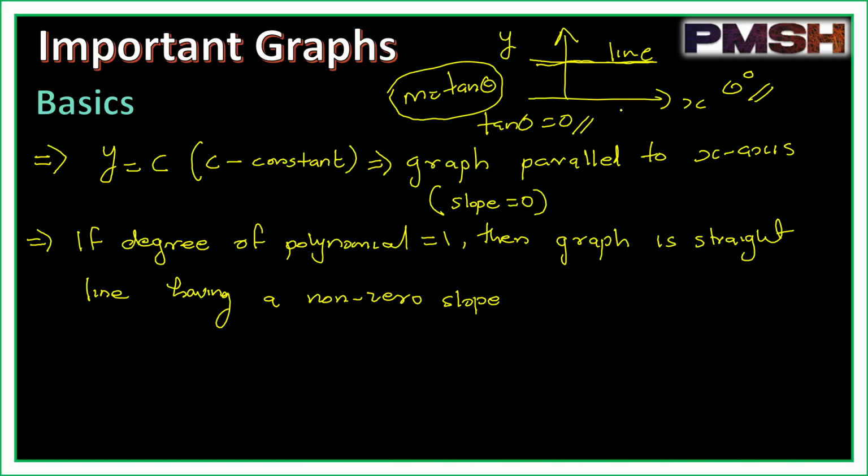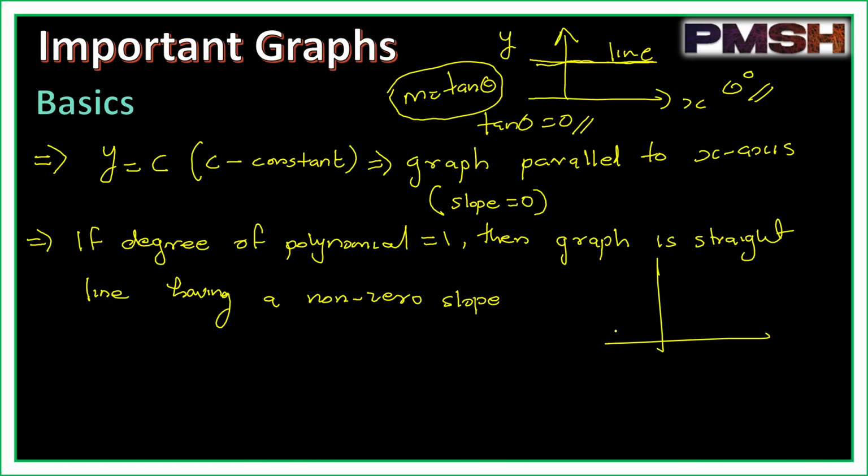Clear? Now in this second case, the equation of the graph has degree 1. We know what degree is: it is the highest power of the variables in that equation. If the degree is 1, then the graph is again a straight line, but that line will have a non-zero slope.